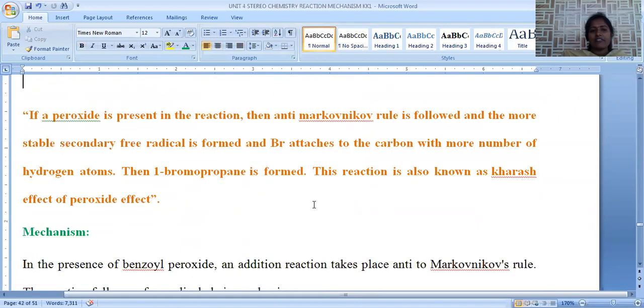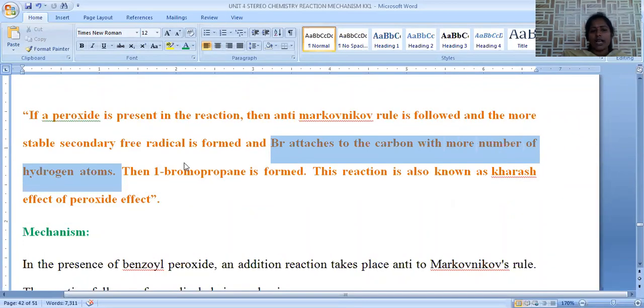Let us give the definition for the anti-Markovnikov rule. If a peroxide is present in the reaction, then the anti-Markovnikov rule is followed and the more stable secondary free radical is formed. The most important thing is that bromine attaches to the carbon having more hydrogen atoms.